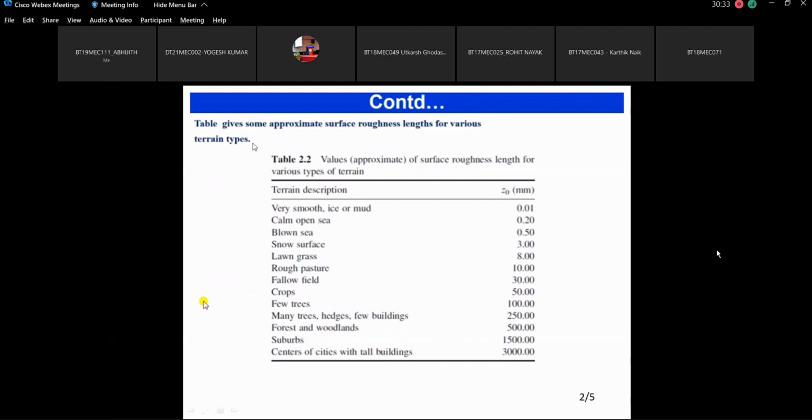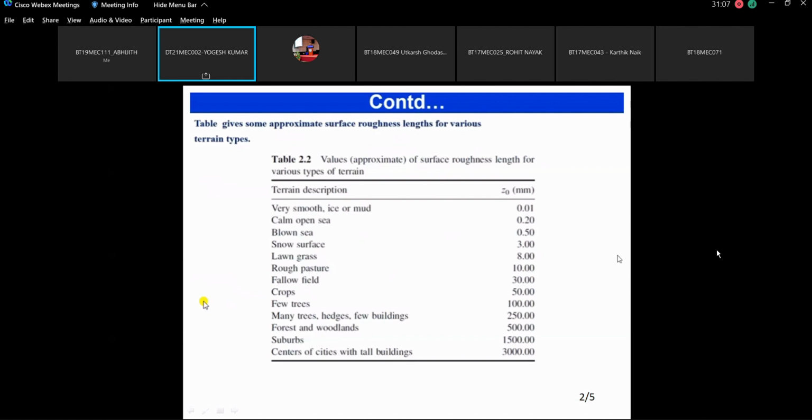This table gives some approximate surface reference length for various types of terrain. The left side of the table gives terrain description and the right side gives values of Z naught, meaning surface reference length for terrain. For very smooth ice or mud, Z naught is equal to 0.01 mm. Calm and open sea 0.20 and so on.